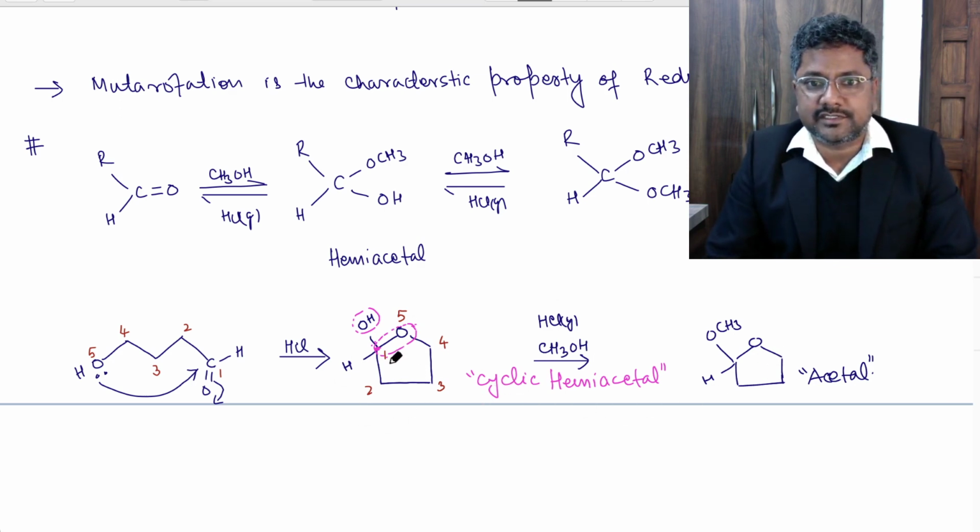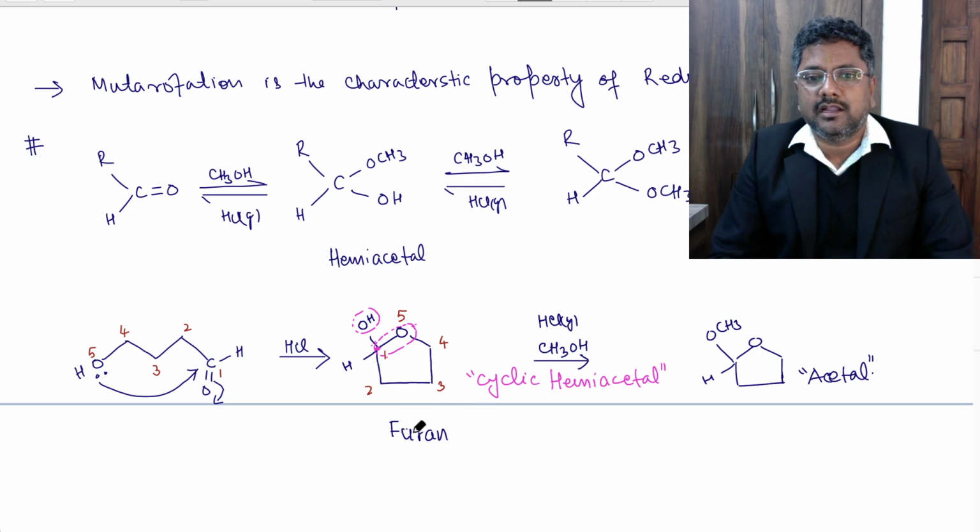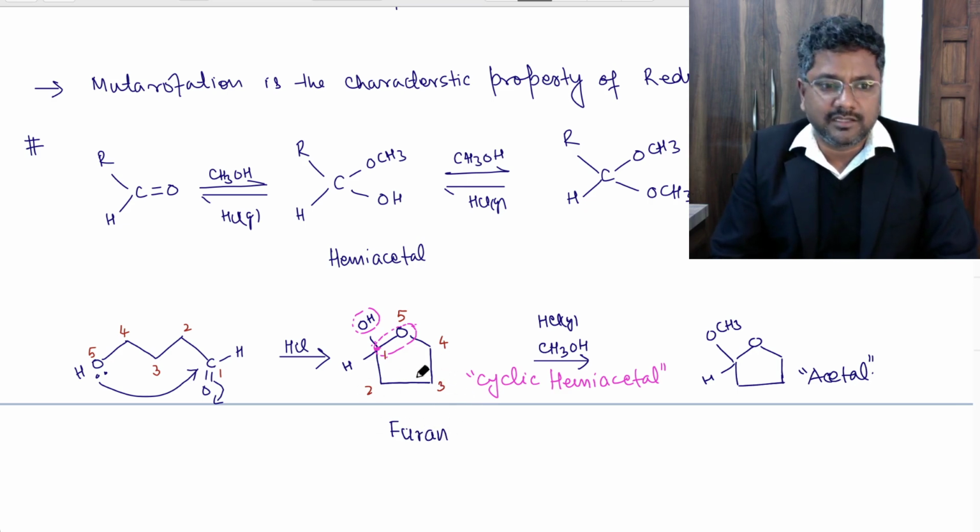So this is cyclic acetal, and all of you know that if oxygen is present in the 5-membered ring, then this is called what? Furan ring. Furan. And all of you know that in carbohydrate chemistry, the suffix OSE we are supposed to use.